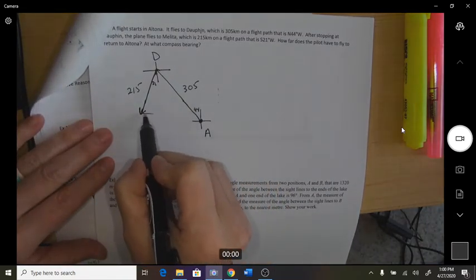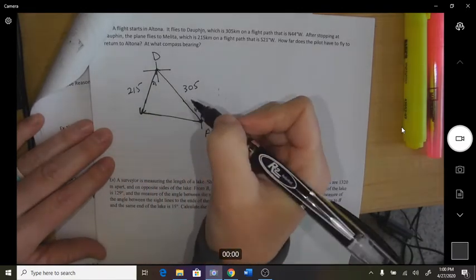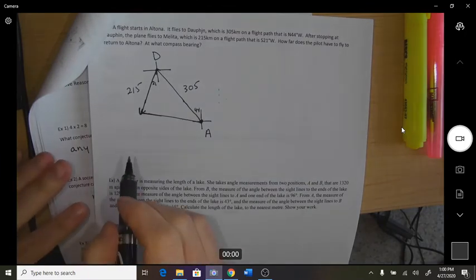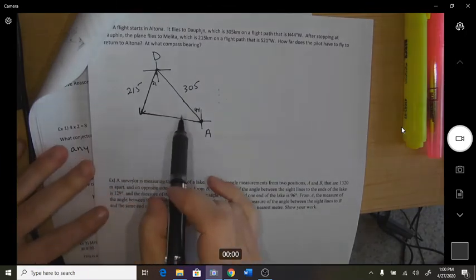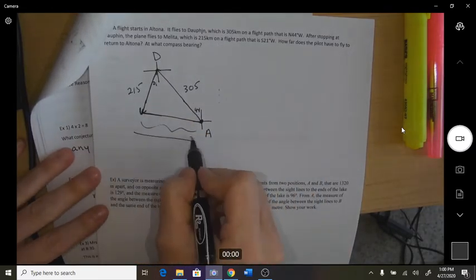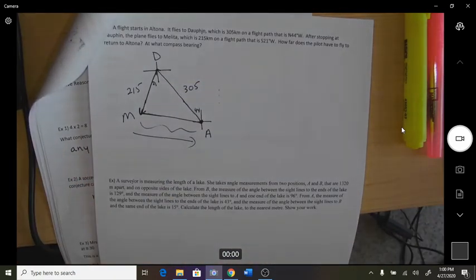And I don't really know this angle. Okay, so how are we going to figure this out? How does he have to fly to return? So I want to know how to get from Melita back to Altona if I was to go straight.